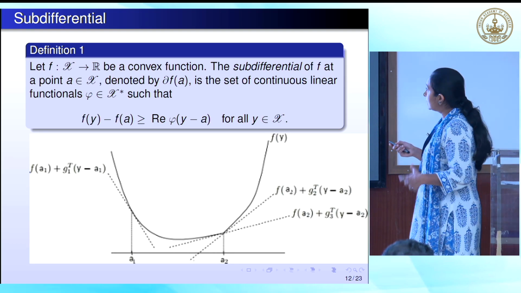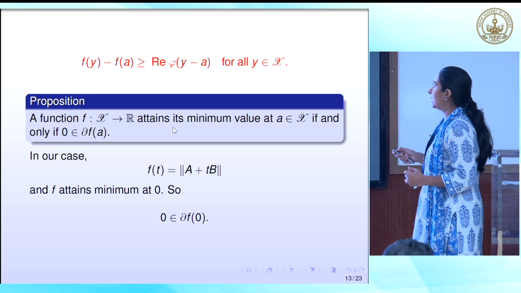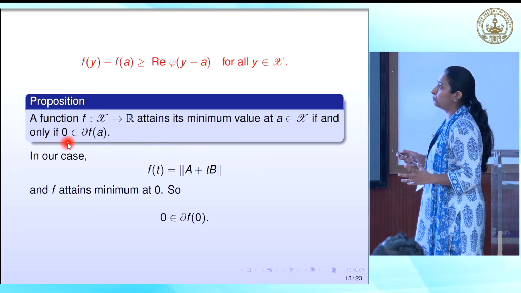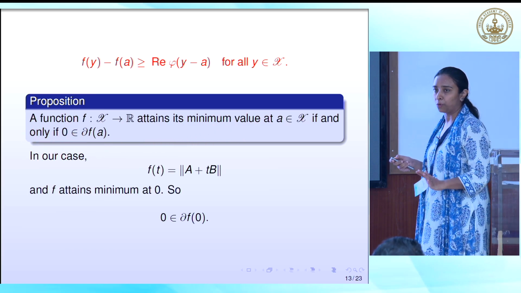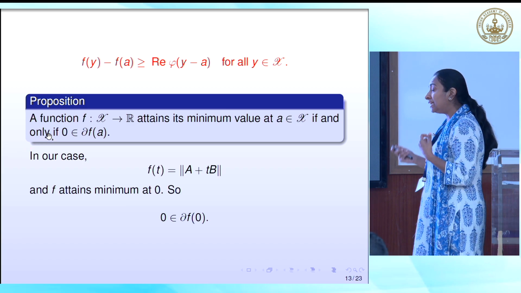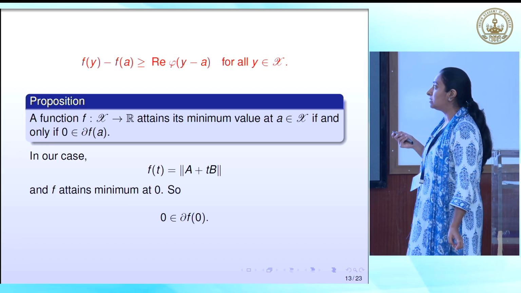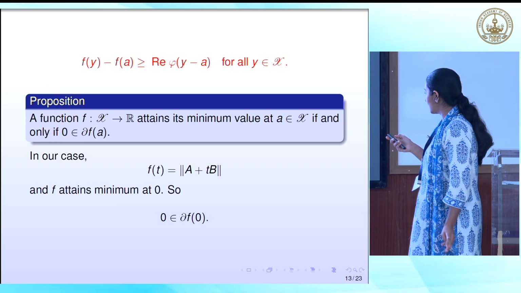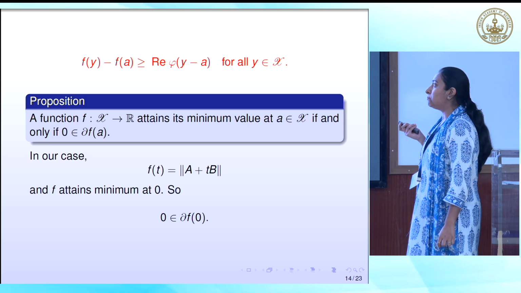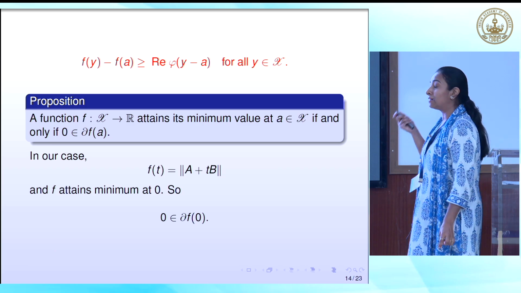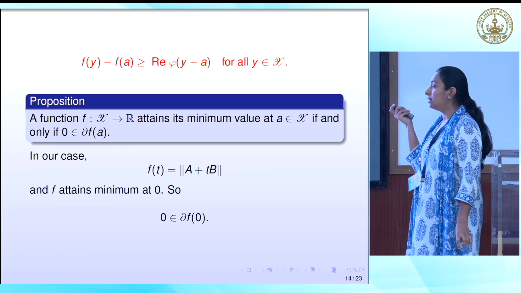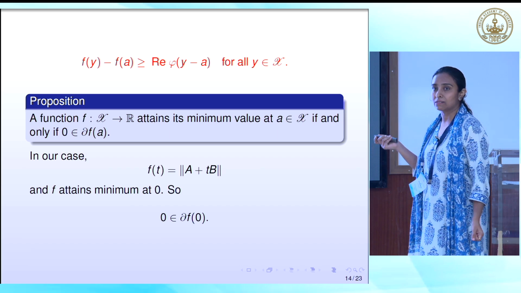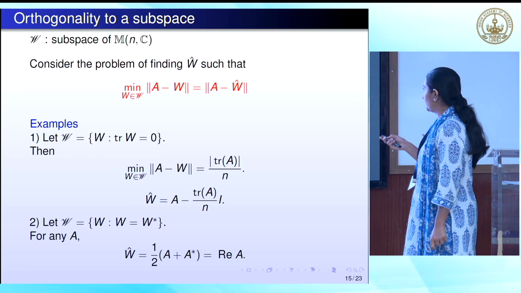This idea really helped us because when I say that f needs to attain its minimum value at a point, it just means that 0 should be in the subdifferential set of f at that particular point. Many mathematicians have studied this subdifferential set for various norms, and we did it further for our own cases whenever we needed it. That was the main idea that we developed and are still using, because it helps us get various very strong results in several settings.